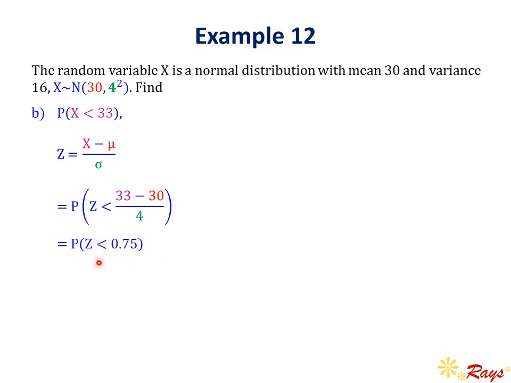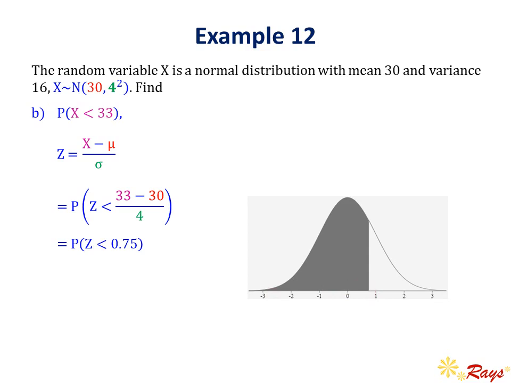So if it is lesser than positive value, we know that the value of Z is positive, but it goes towards the left. So the area actually has crossed over from the left tail area to the right tail area. We can see from here that the value of Z is positive, but it says it's lesser, so it's actually going towards the left, but it's starting from the positive value.